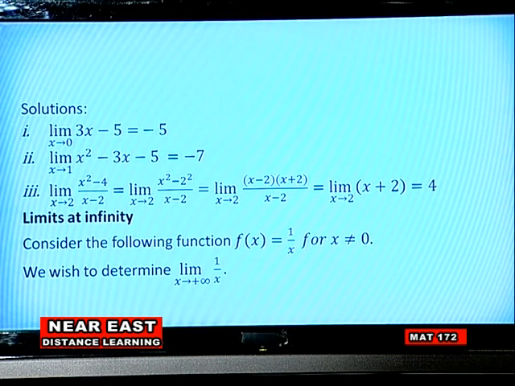So you have x squared minus 4 over x minus 2. Remember, 4 is 2 squared. So x squared minus 2 squared is just difference of 2 squares, which is x minus 2, x plus 2.